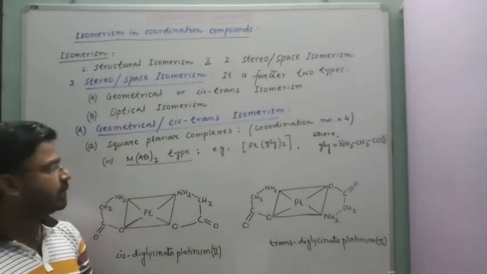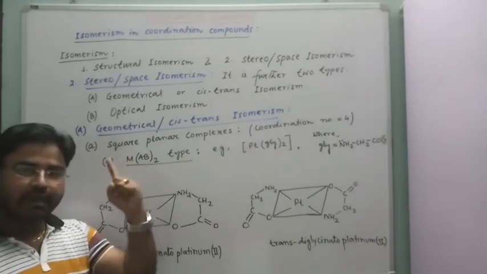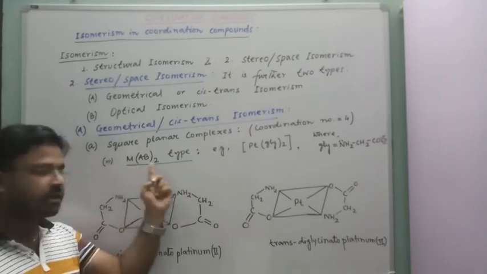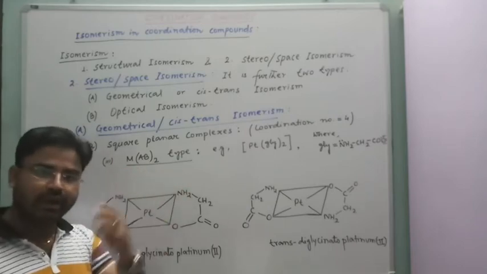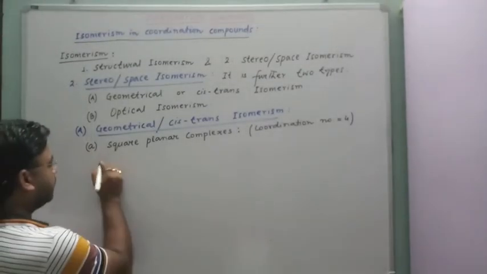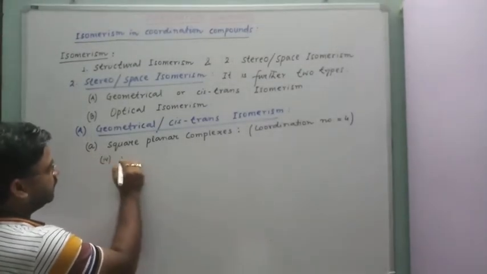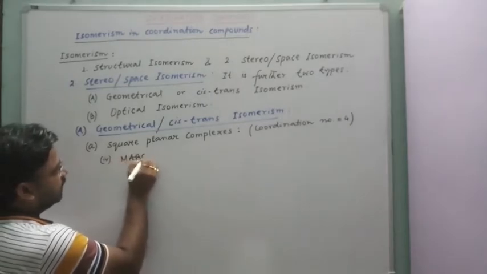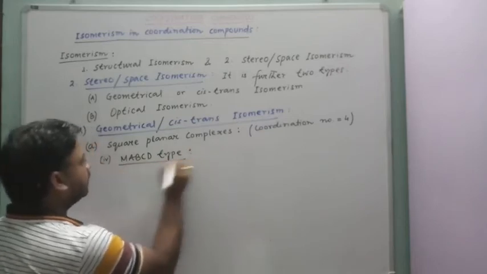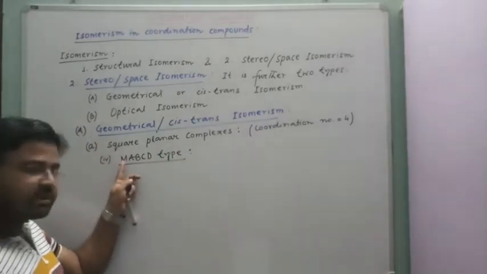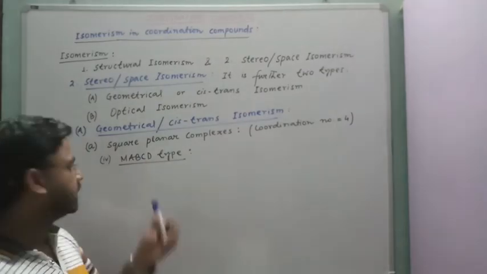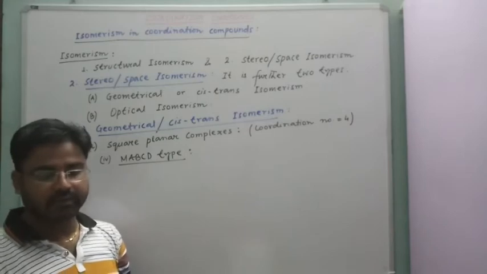It is M(AB)2 type. So at first MA2B2 type, number 2 MA2BC type, number 3 M(AB)2 type, and number 4 MABCD type. So see, here M is the central atom, A, B, C, D, all are 4 different ligands and each is a monodentate ligand, MABCD type.